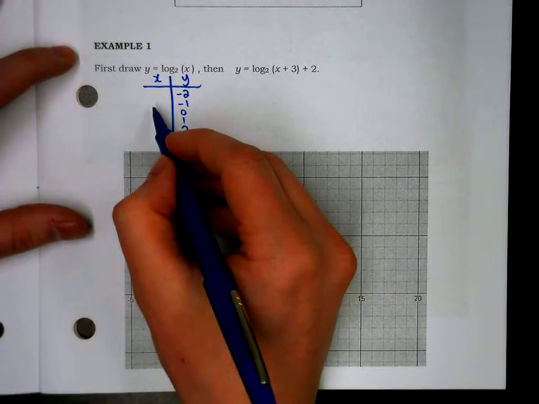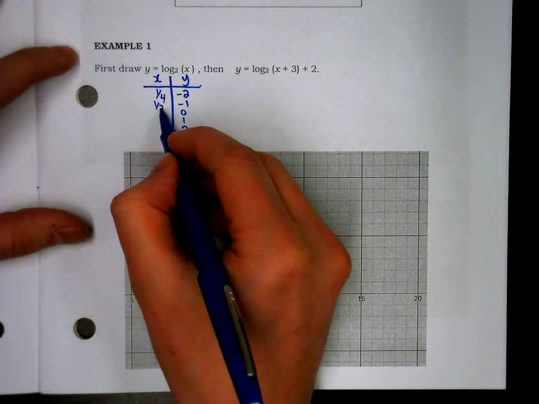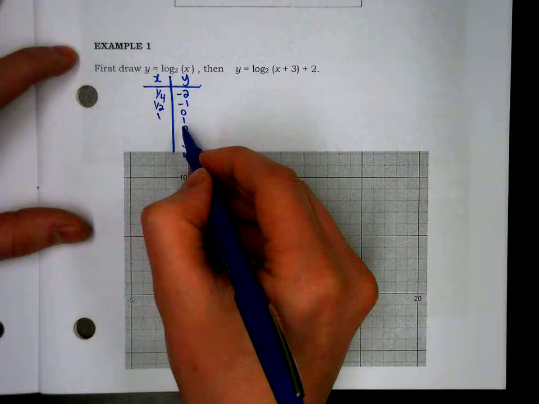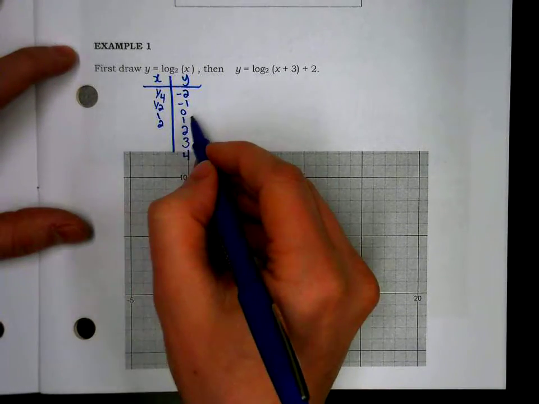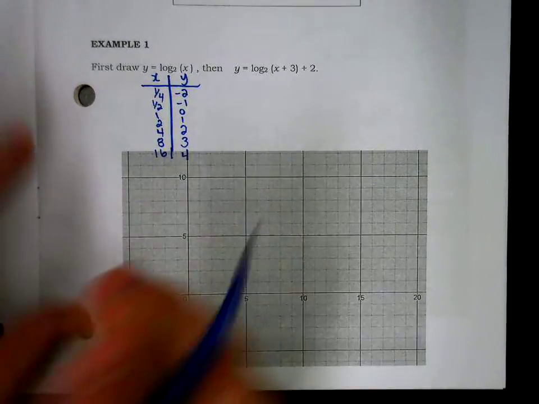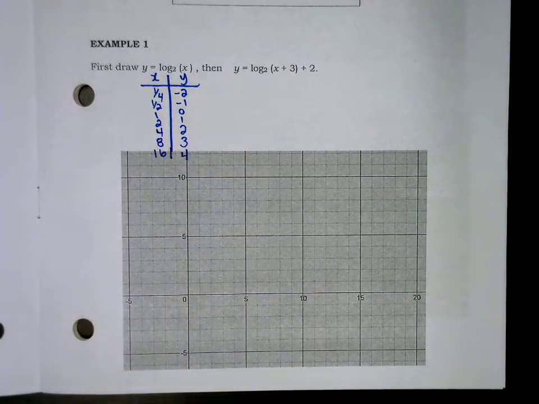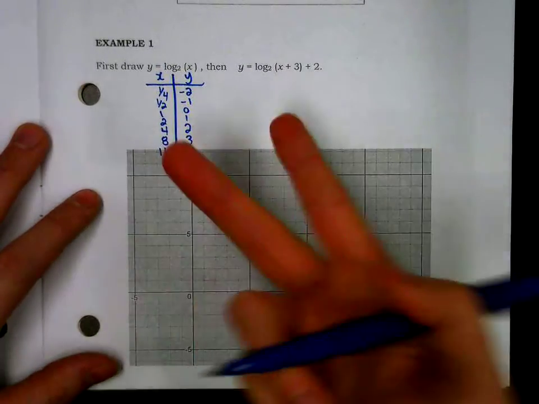So I'm thinking about 2 to the -2, 2 to the -1, 2 to the 0, 2 to the 1, 2 to the 2, 2 to the 3, 2 to the 4. And we have a table for log base 2 of x, simply by looking at our y equals 2 to the x exponential function and switching the x and the y.